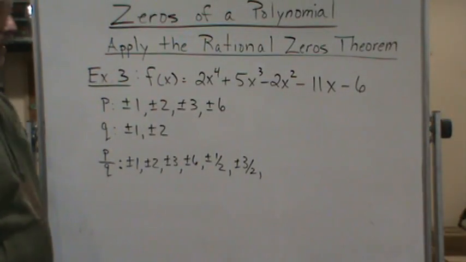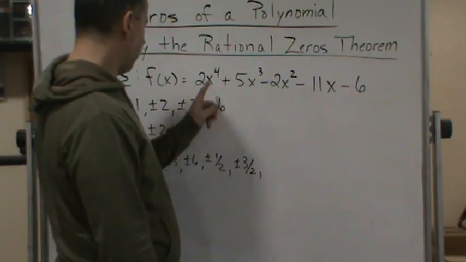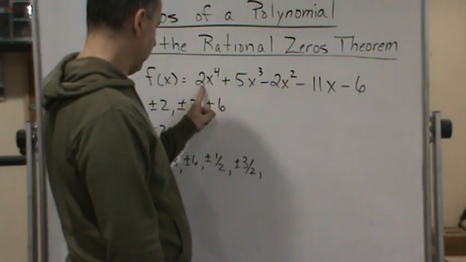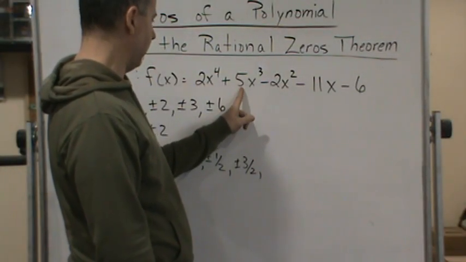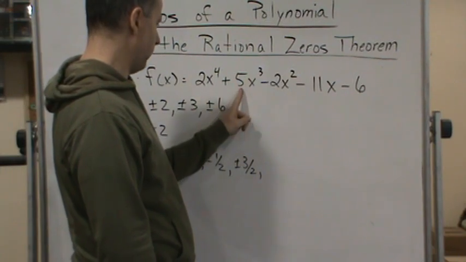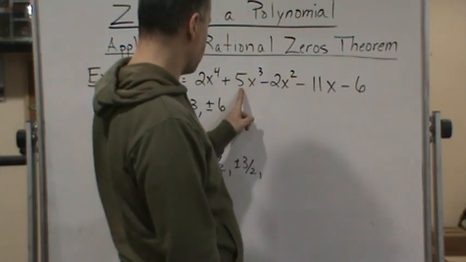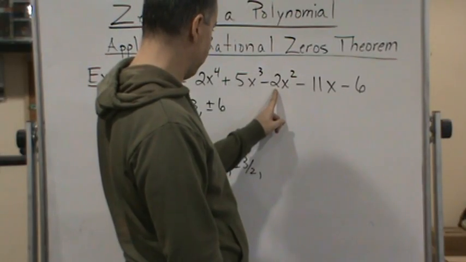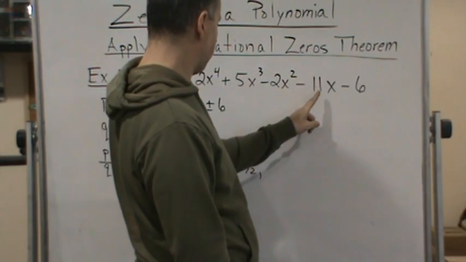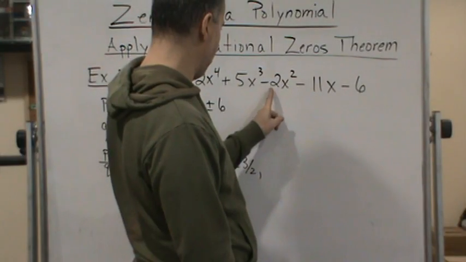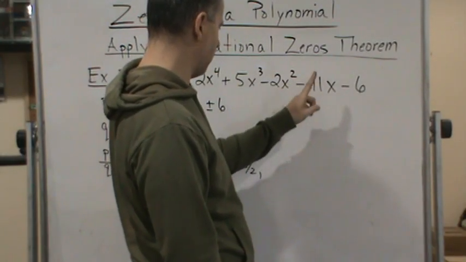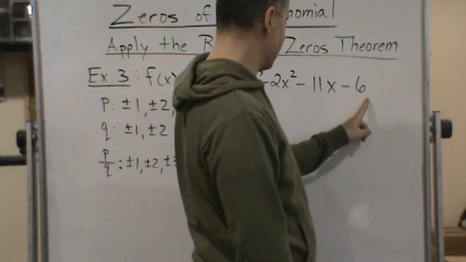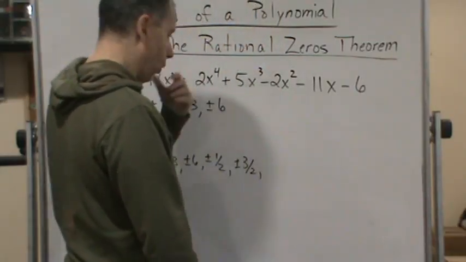Let's try negative 1. Negative 1 will give me 2 here, but then minus 5 here. So that's going to give me a minus 3. And then minus 3 minus 2 is minus 5. Here I'm going to get plus 11. So minus 5 and plus 11 gives me plus 6. Minus 6 gives me 0. So guess what?